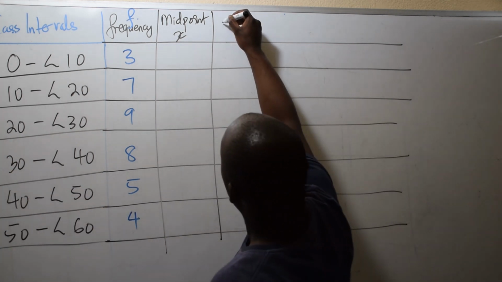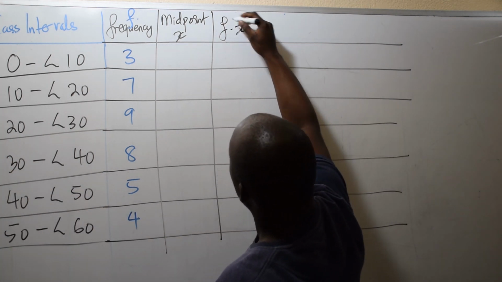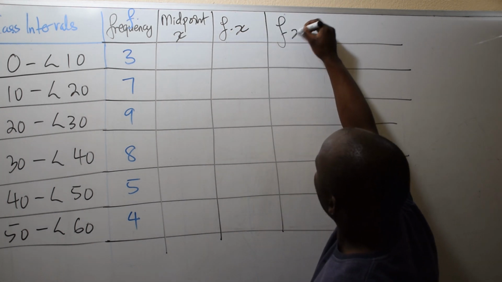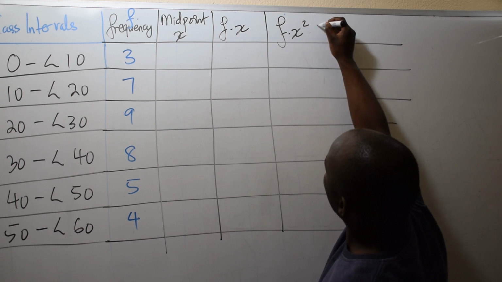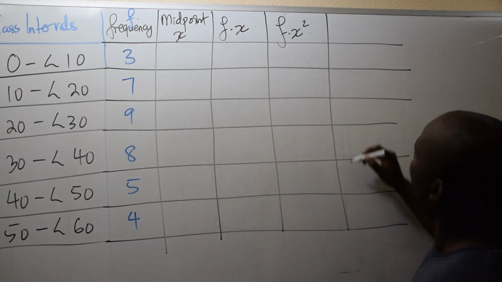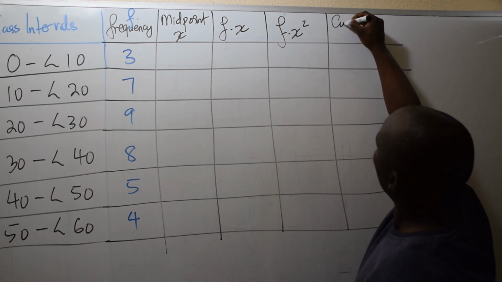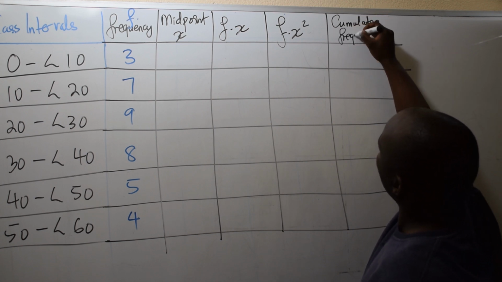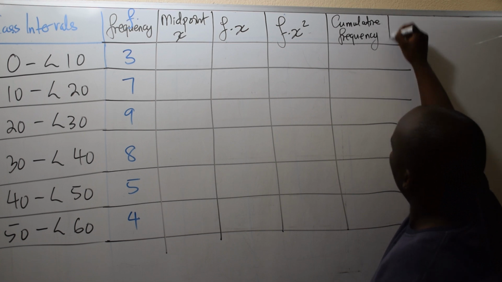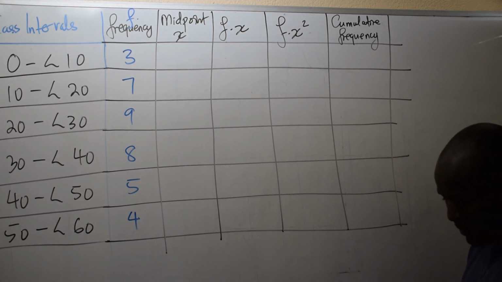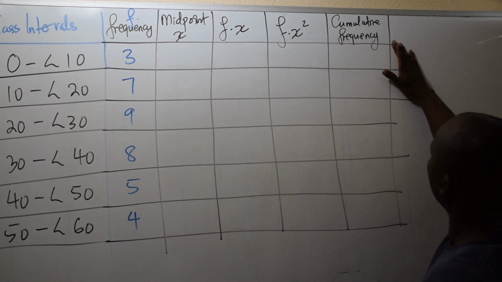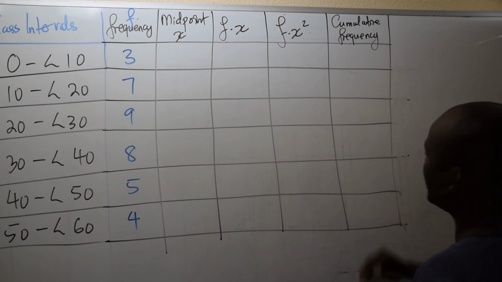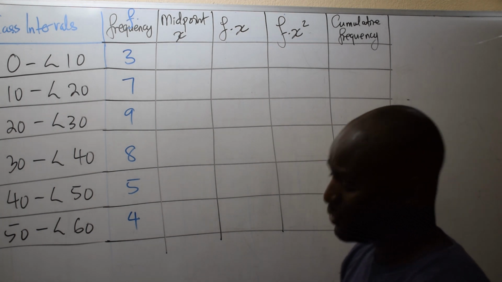And then after that you would need to get the frequency multiplied with the midpoint, and then get the frequency multiplied with X squared, and then you would need to show the cumulative frequency. Now the cumulative frequency is a continual adding of the numbers. I would prefer to show it at the very end so that you don't confuse yourself.